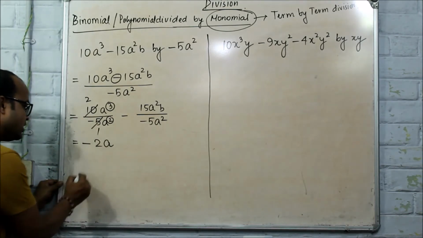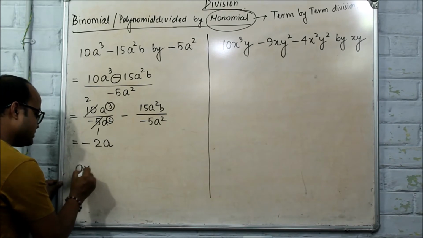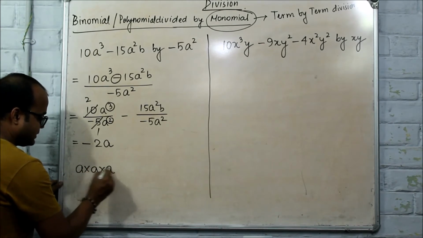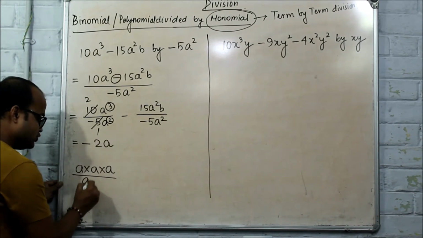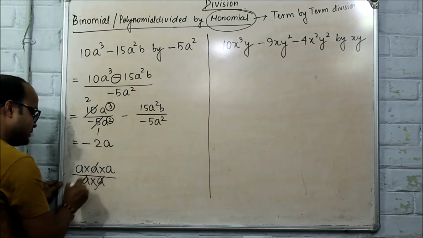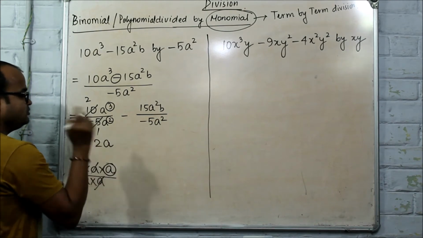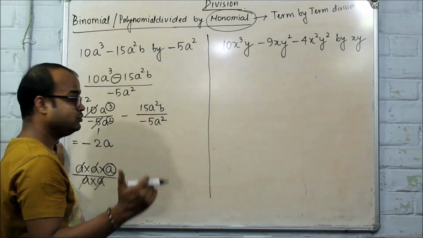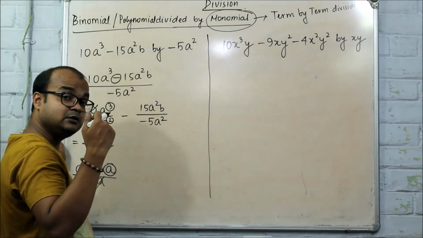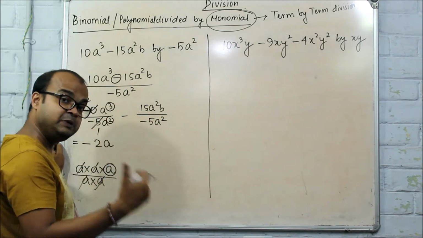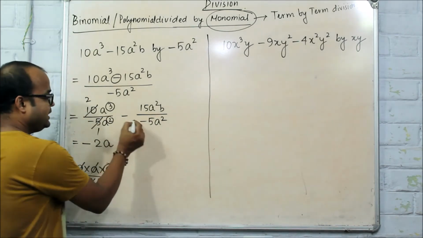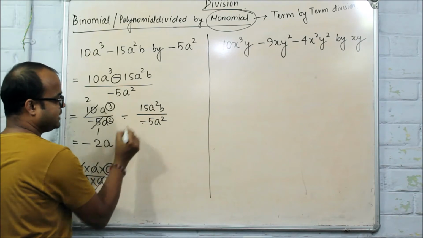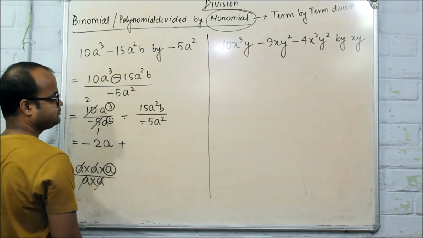Or in rough, you can write a cube means 3 times, a square means 2 times, and then cancel. You'll see you'll get a only. So it is up to you how you are simplifying your calculation. Now this is minus, it will become plus.